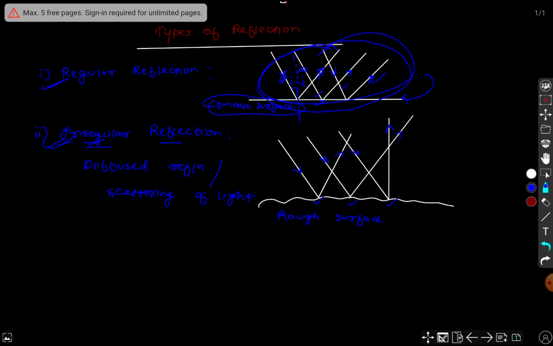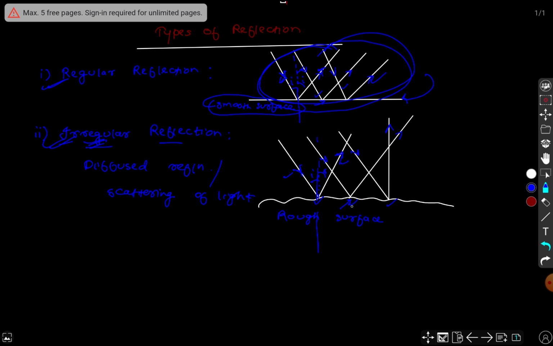Now in case of irregular reflection, what happens? This is the incident ray, this is the reflected ray, and here we have the normal. The incident ray, the reflected ray and the normal are lying in the same plane, and angle I equals angle R, so the laws of reflection are obeyed here.